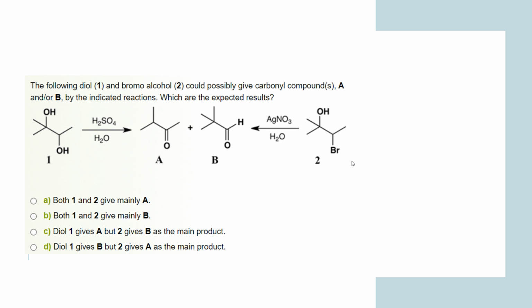So whenever you have this bromo alcohol and you are treating it with silver nitrate, the silver ion of silver nitrate will extract the bromide from here. After the extraction of bromide, this carbon-bromine bond is breaking, isn't it? And you will get a carbocation at this center.